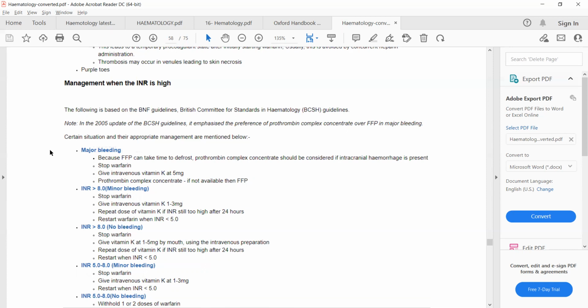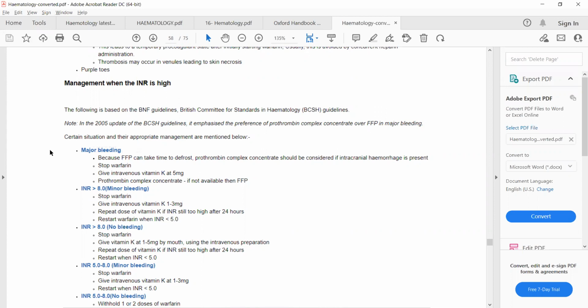So if someone on warfarin develops major bleeding, no matter whatever his INR is, you need to stop the warfarin, give intravenous vitamin K at a 5 milligram dose, and transfuse prothrombin complex concentrate. Prothrombin complex concentrate contains concentrated factors 2, 7, 9, and 10.